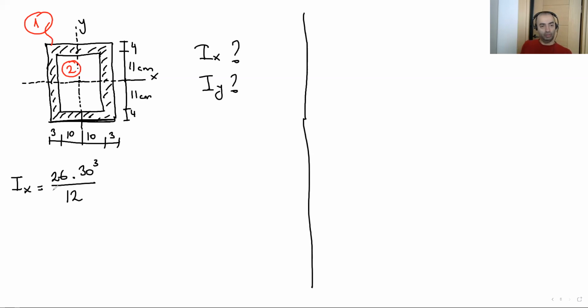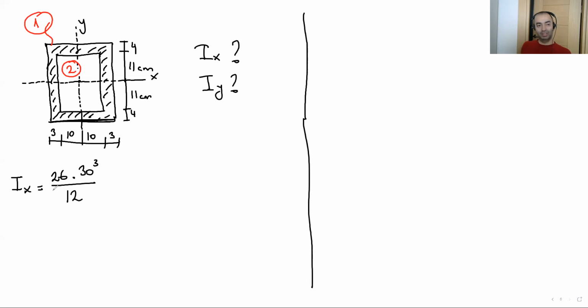Now we have the total moment of inertia. The center point of the total rectangle coincides with the global axis system given on the sketch. That's why I'm not going to shift anything. There's no moment of inertia transfer here. Now I have the total moment of inertia.